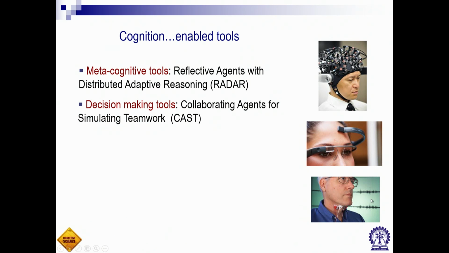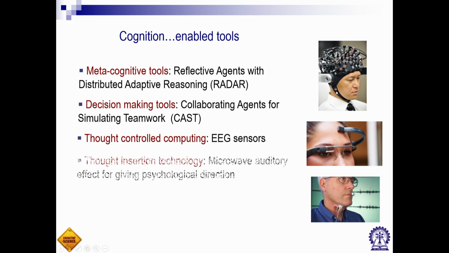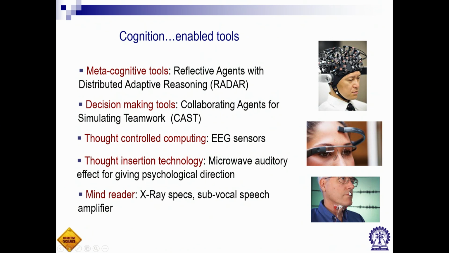My suggestion to all of you is that if any one of you is interested in doing such kinds of research, you can apply for a project to DRDO, and it can be for metacognitive tools, for decision making tools, for thought controlled computing, for thought insertion technologies, or for a mind reader.